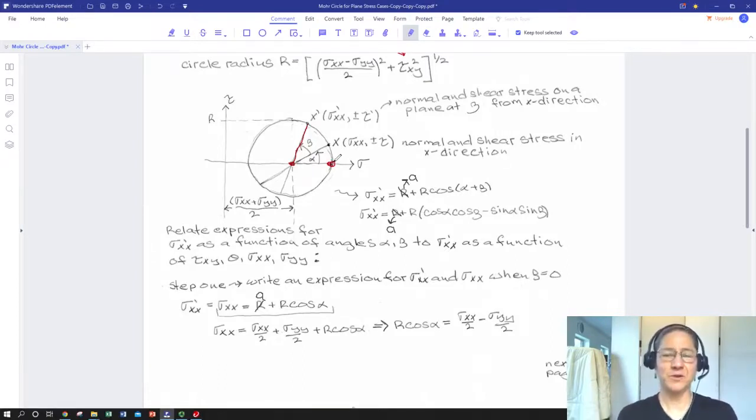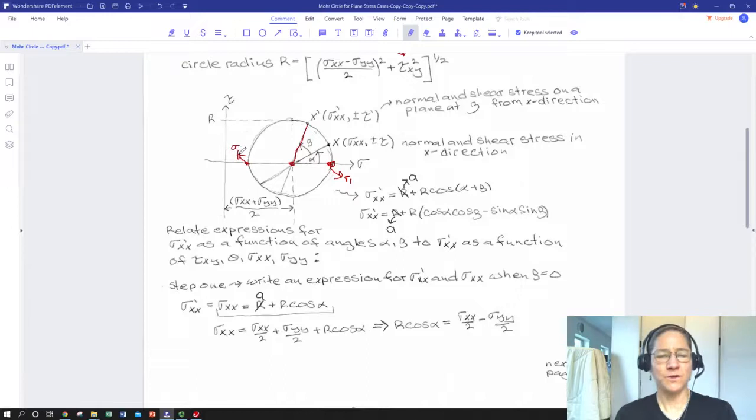We'll look at whether or not that's true if we consider 3D later. So if we look at this point right here, whatever angle in the body that happens to correspond to, what we're looking at is our first principal stress here, sigma 1. And likewise over here, this is our second principal stress, or our normal stress minimum, and that's sigma 2.